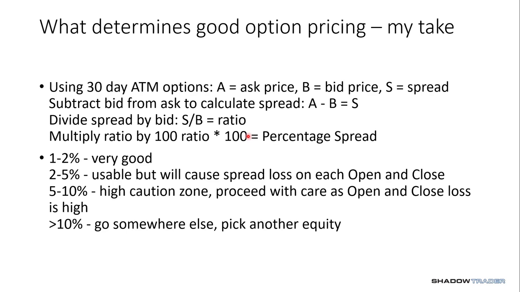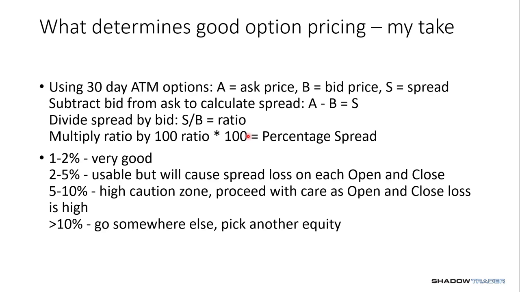Here you go. Simple calculation. Look at a 30-day from today at the money option. Write down the bid price, write down the ask price, and subtract them. That gives you the spread, the difference between the bid and ask.